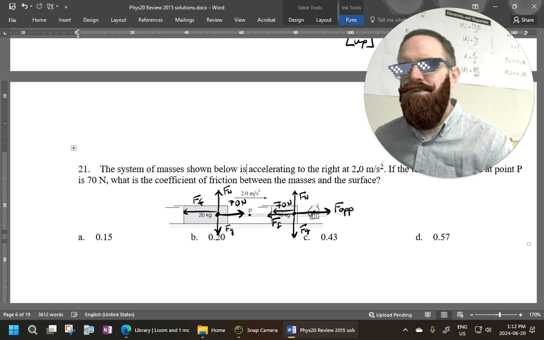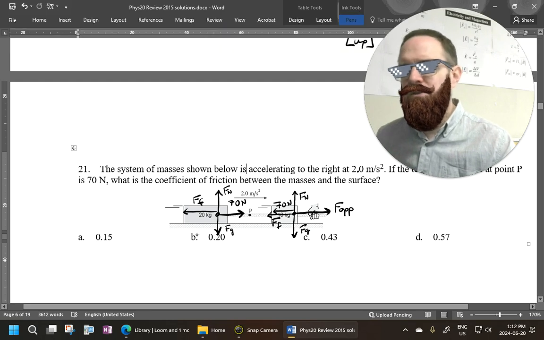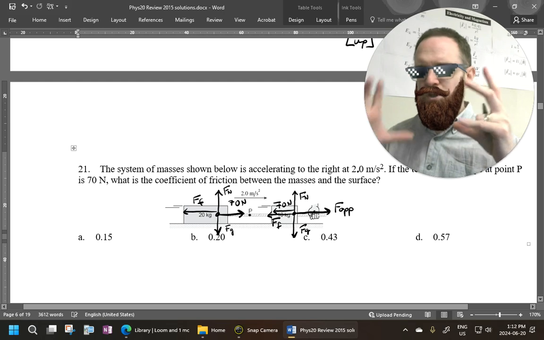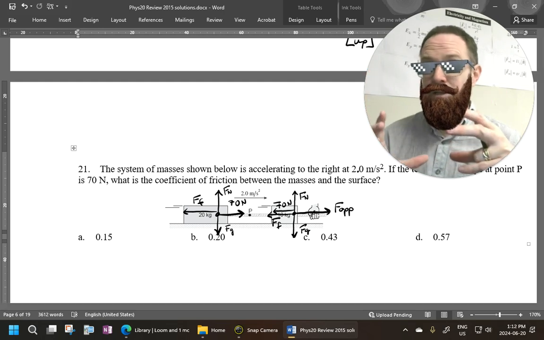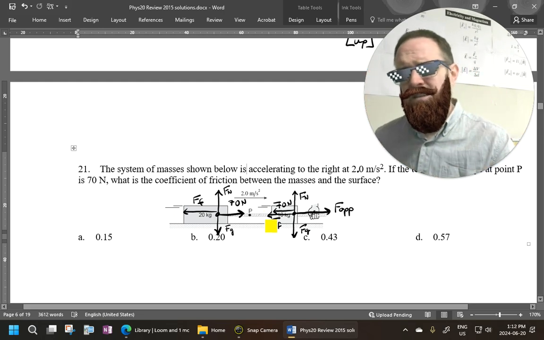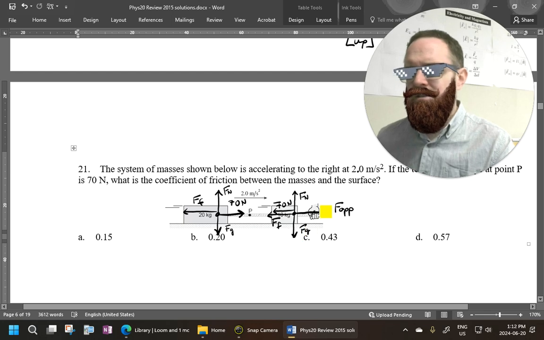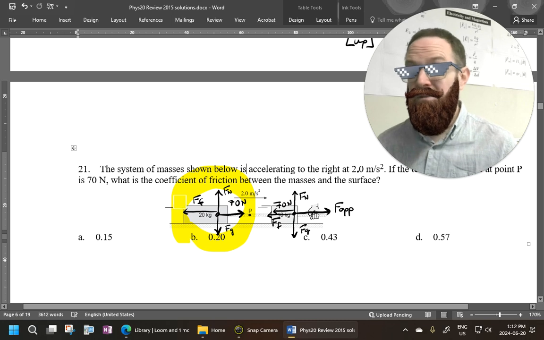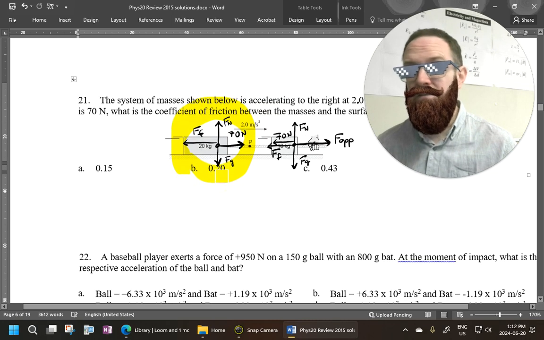So when I'm doing this question, I'm trying to zoom in, zoom out to a part that actually can be solved, right? If I look at the first picture, I can't solve it because there's F applied on it. But if I look at the second picture, that doesn't have an F applied on it. It only has the 70 newtons and the FF.